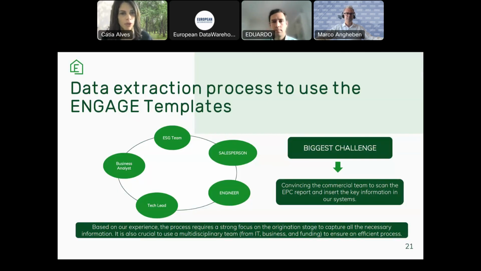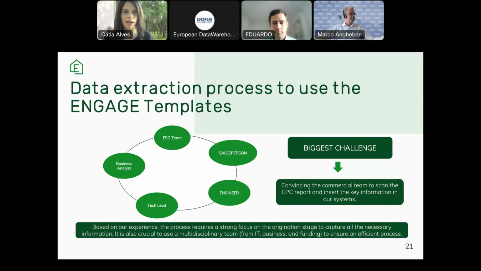Everyone must be on board to obtain quality data from all the operations that we need to report for ESG matters or to fulfill the taxonomy. Even though we have a lot of information in our core database, we need their help to create a process to obtain value from it.